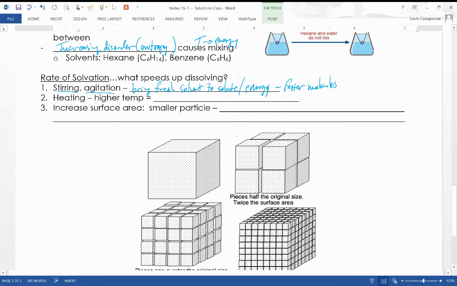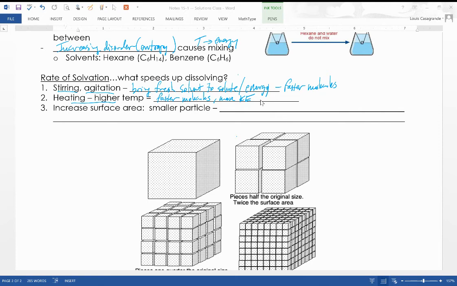Again, heating, going to a higher temperature, gives faster molecules with more kinetic energy, and so they're going to bump into each other more. Think about the water attacking the sodium chloride. Faster molecules are going to give us faster attack.